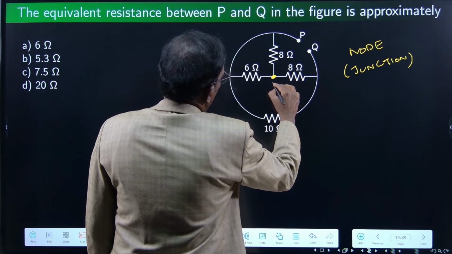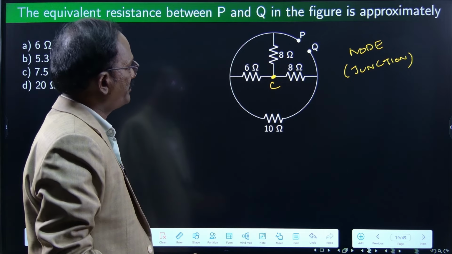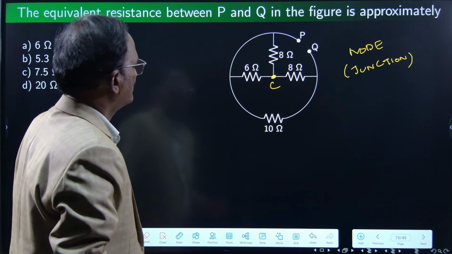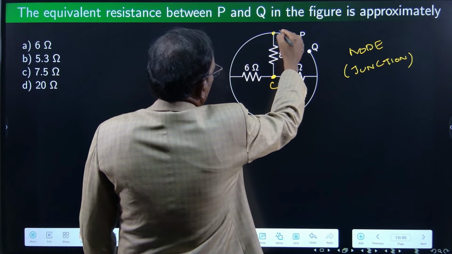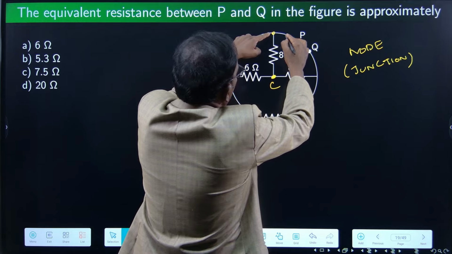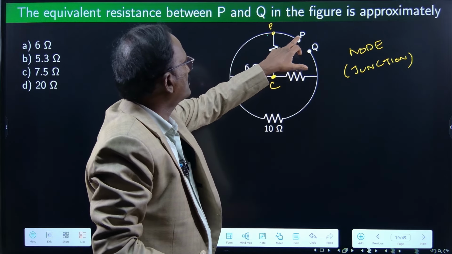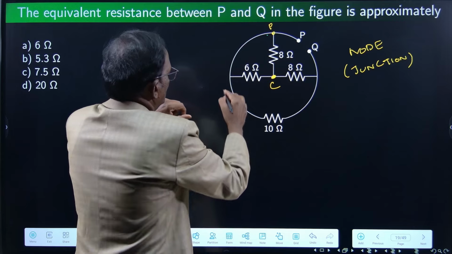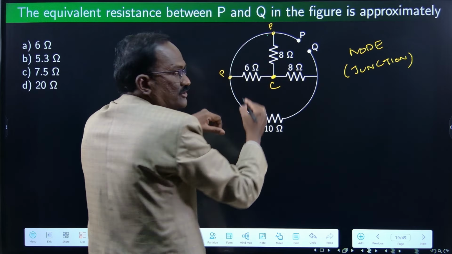Let me name it as C, the common node or common junction. Right. So this is P. Between this point and this point, a short circuit. So I can also write P here. This point and this point are also the same. I can also write P here.